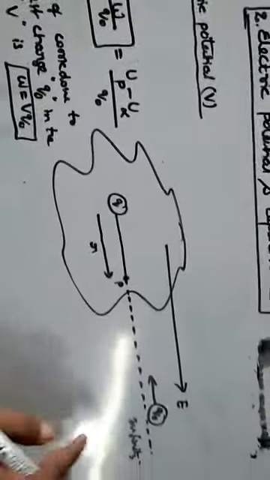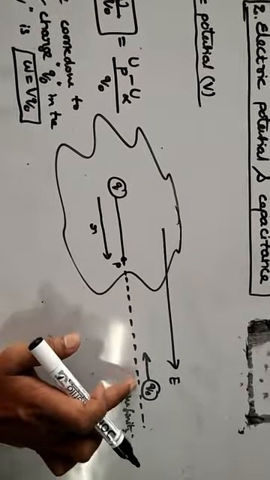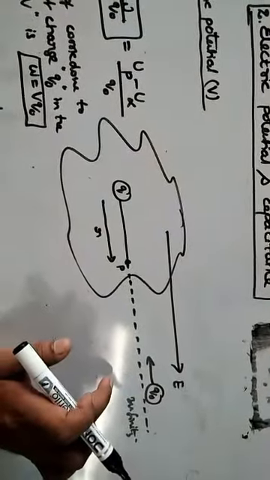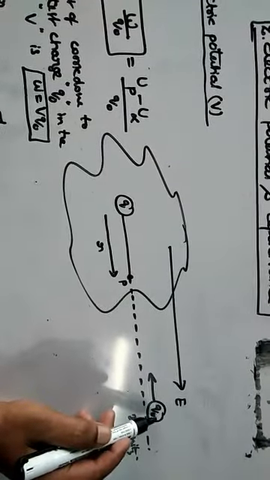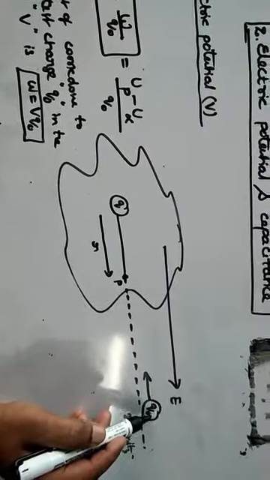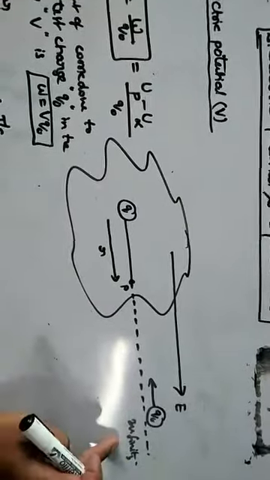For this, I am bringing a positive test charge, a unit positive test charge, Q naught. In the first and second chapters, this positive test charge is very familiar. We will bring this positive test charge Q naught from infinity.